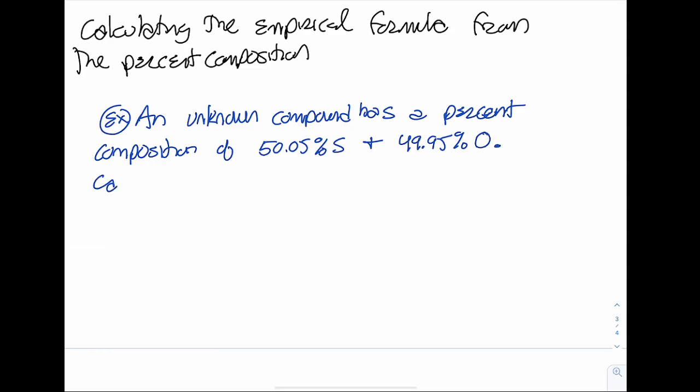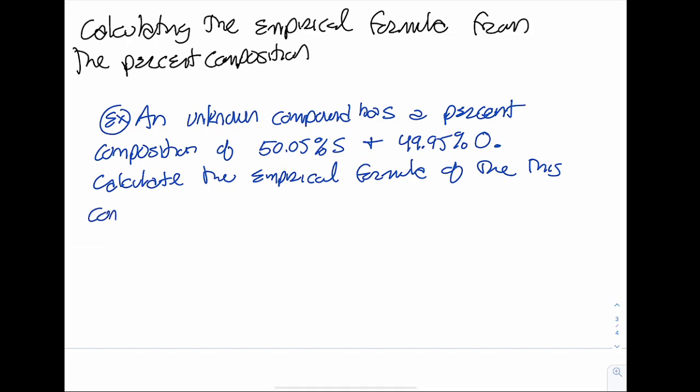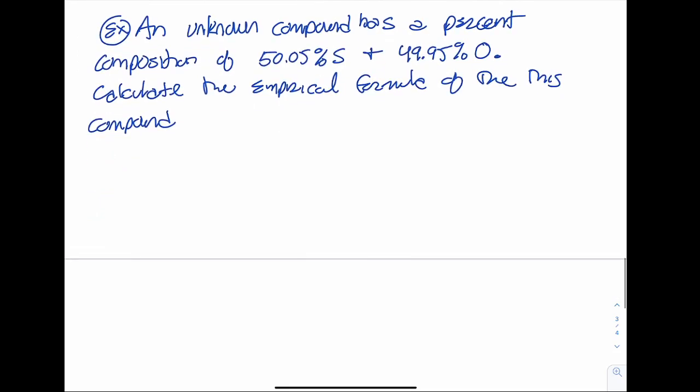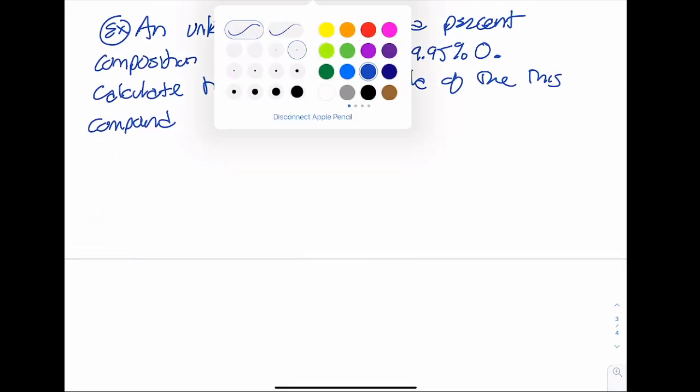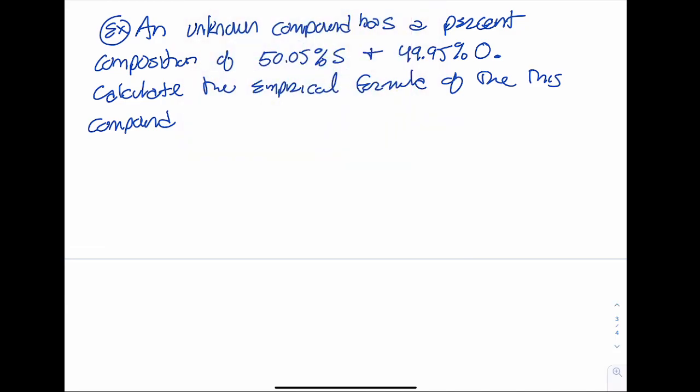And we're going to calculate the empirical formula of this compound. So we have two elements. We have the mass percent of each of those. And from that information, we're going to calculate our empirical formula. Remember, our empirical formula is our chemical formula, but in its most reduced form.